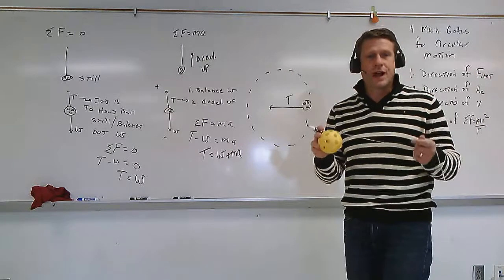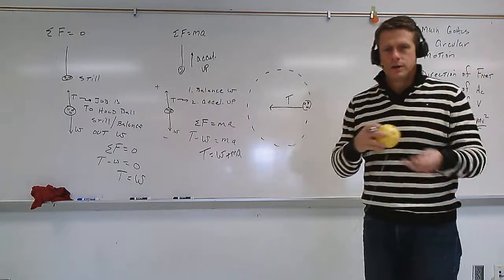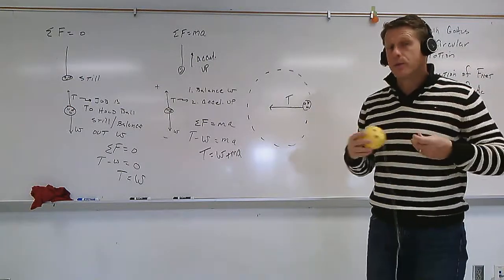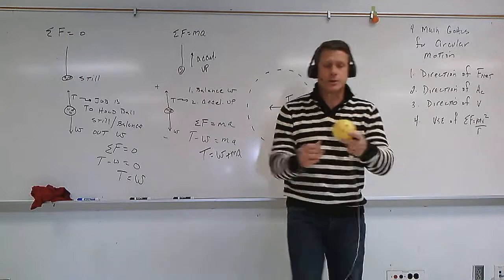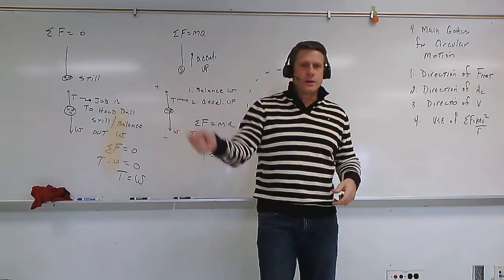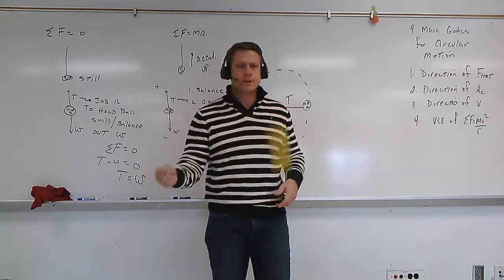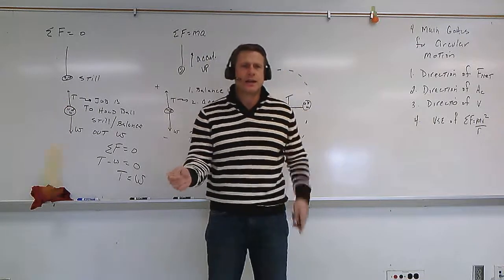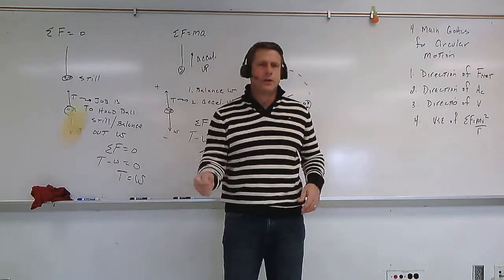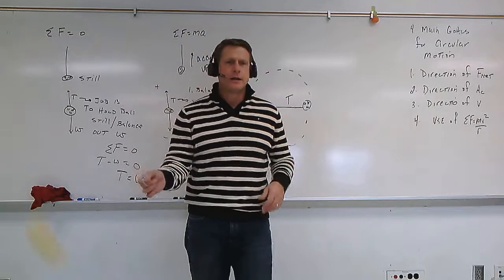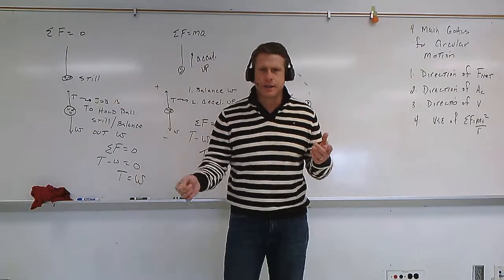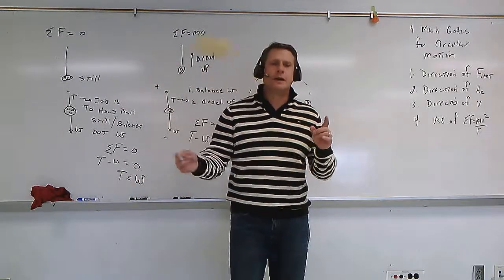The string's job is no longer to accelerate up or just hold it. Its job is to keep it in the circle. The tension in the string is now holding the ball in a circle. So let's talk about that. This is where the inertia kicks in. What does the ball always want to be doing?